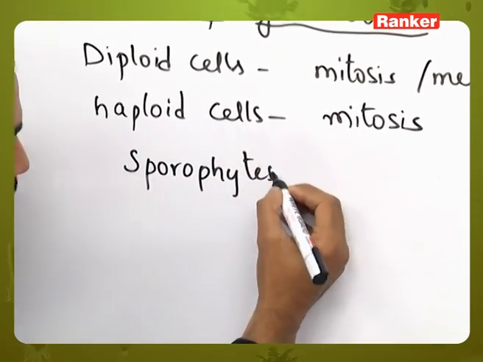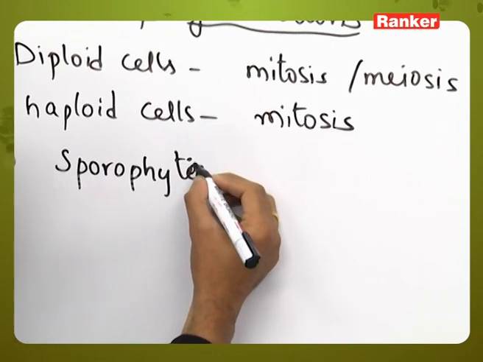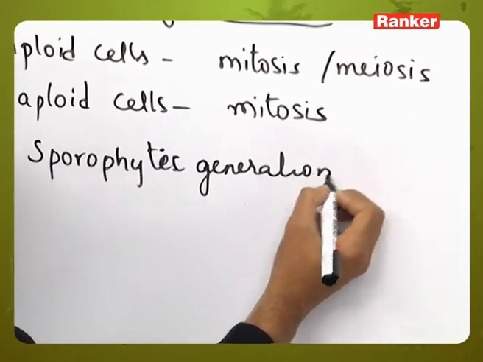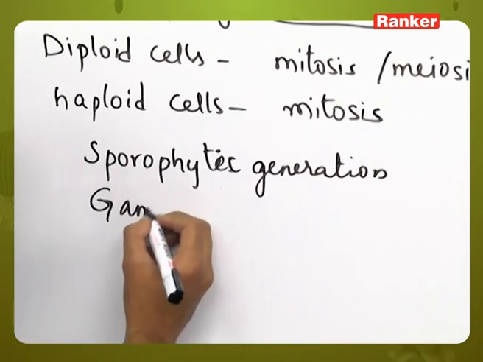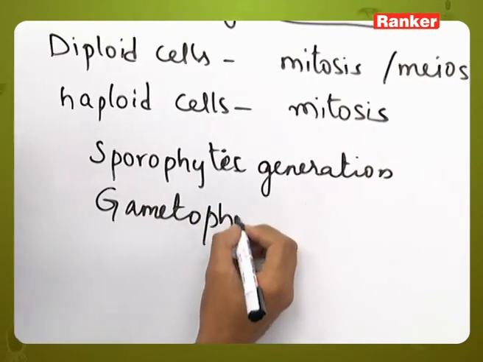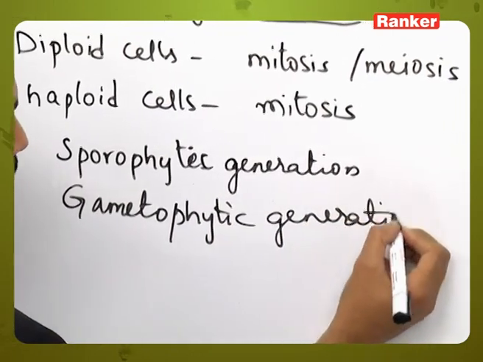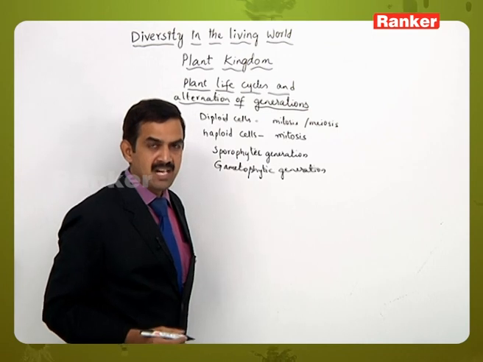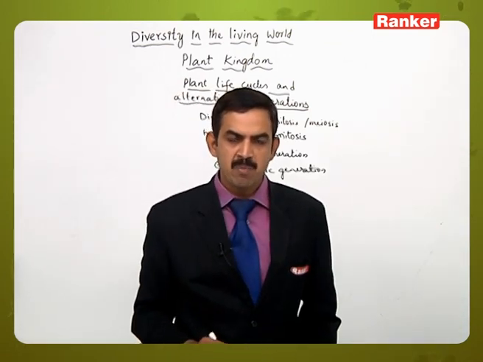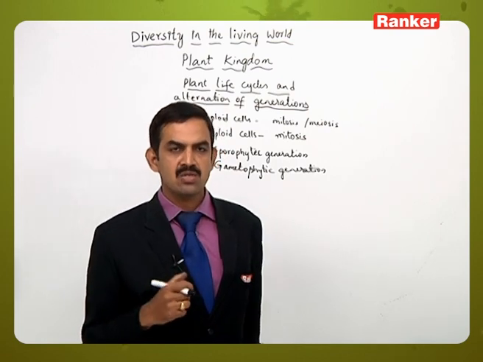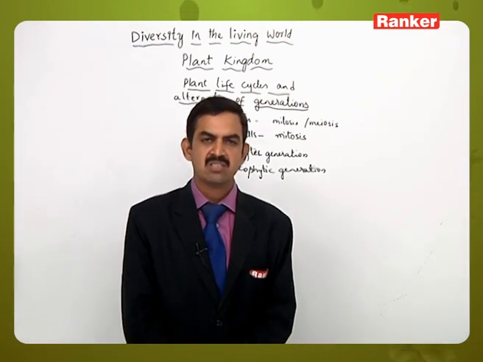One is the sporophyte or sporophytic generation, and the other is the gametophyte or gametophytic generation. But there are some members, particularly the lower plants, where only one generation is present. There is no such alternation of generations.